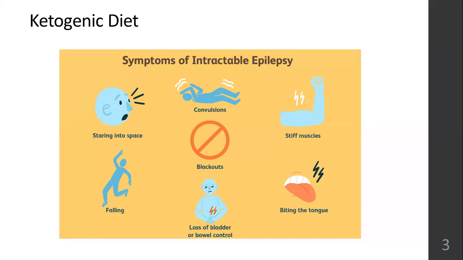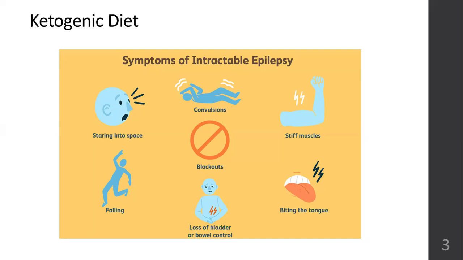Next is the ketogenic diet. The history of the ketogenic diet was not for weight loss at all. Historically, ketogenic diet therapy was started for children who were suffering from convulsions, fits.